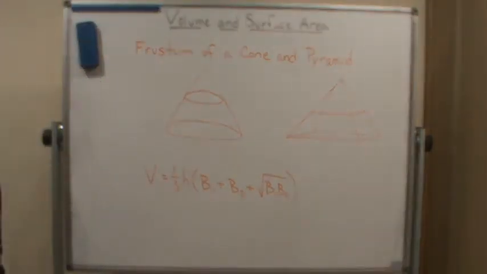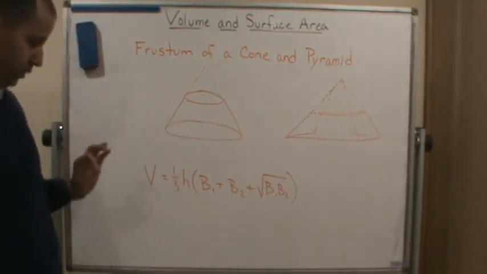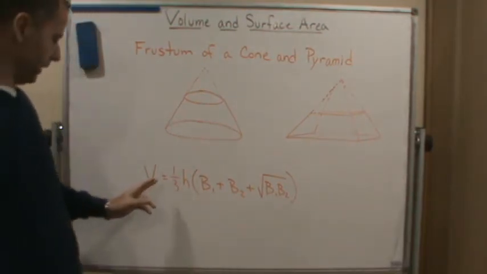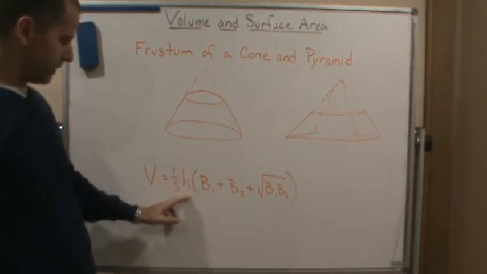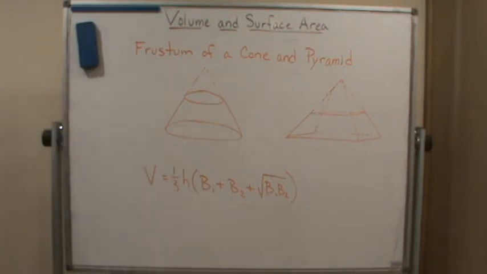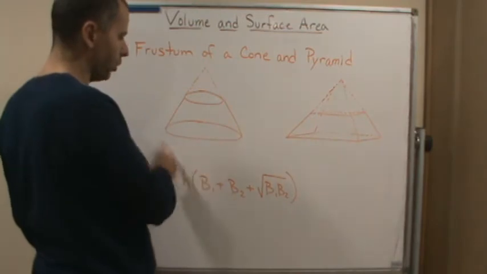Now, in general, the formula is this. The volume of a frustum for a cone or for a pyramid is given by the following formula of 1/3 times the height. Well, what's the height? That's the question. So just to clarify, when we're talking about the height, we're not talking about the height of the pyramid or the cone if the whole cone was there.